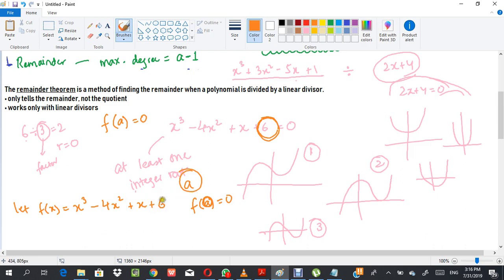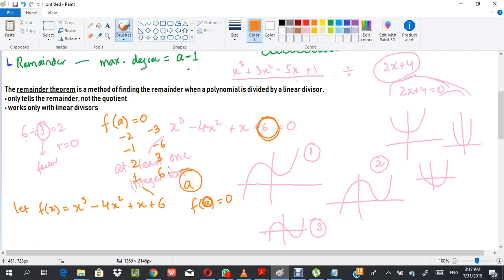So I can get 6 if I multiply 1 and 6, if I multiply 2 and 3, if I multiply negative 1 and negative 6, if I multiply negative 2 and negative 3. So we have 8 possible factors of 6.